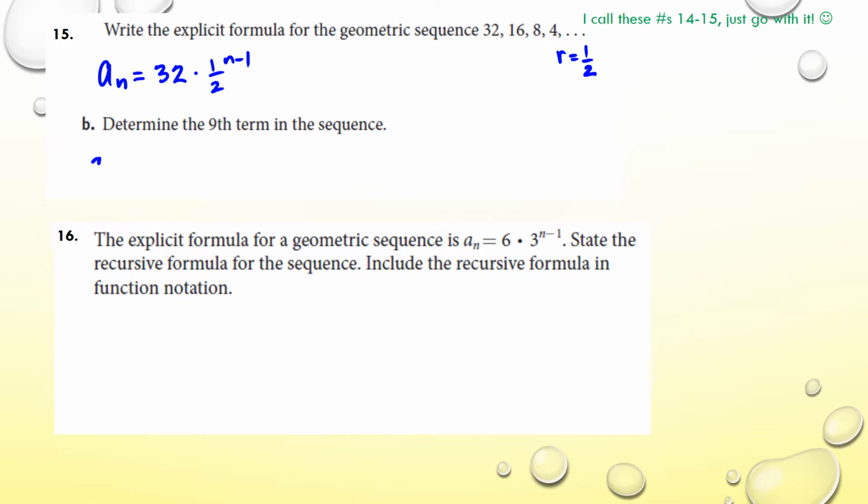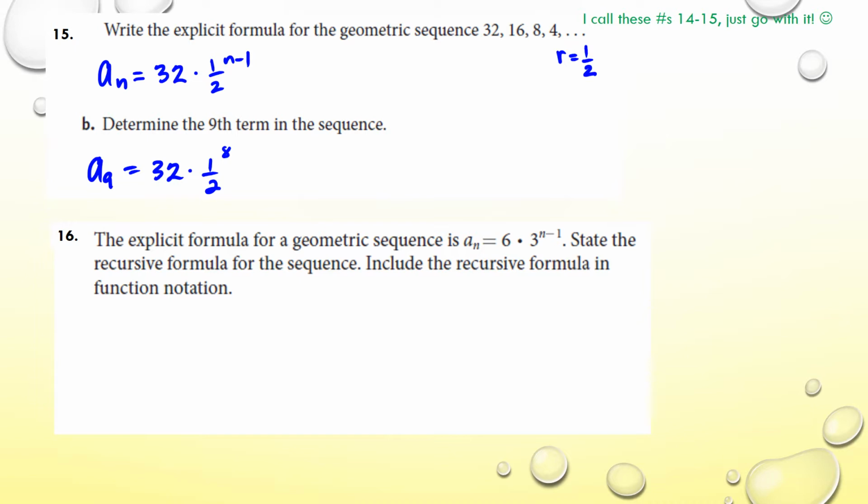So if I want the 9th term, I would do 32 times 1/2 to the power of 8, because 9 minus 1 is 8. So that would give me, let's see here, if you put 1/2 to the 8th power in your calculator, it might just give you 0 because it's so small.